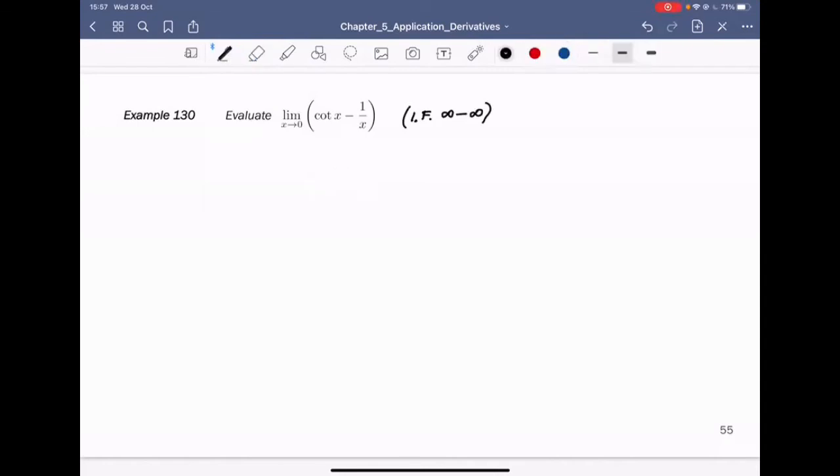So, we're going to simplify first. Let's do it. Cotan x minus 1 over x is going to be cosine x over sine x minus 1 over x. If you find the common denominator, this is going to be x cosine x minus sine x over x sine x.